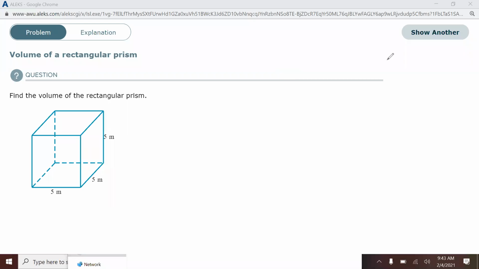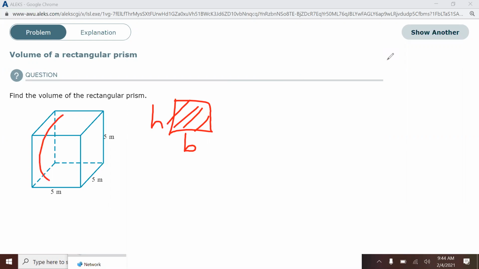Now, for volume, we just look at the dimensions that define how big the object is. Just like with the square, we said the area was defined by the base and the height, and so we multiplied those two together.